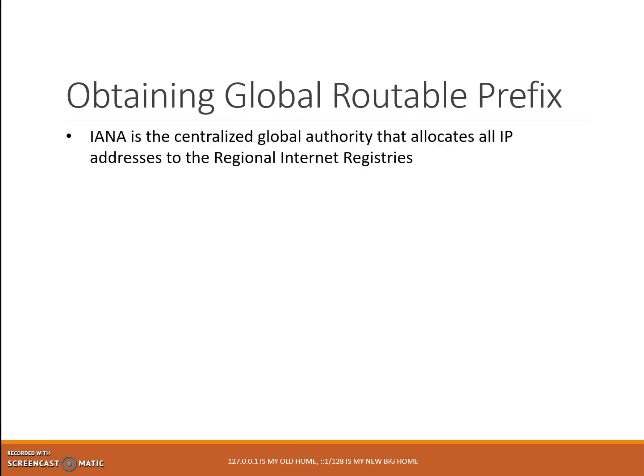Now, how do we obtain a global routable prefix? The Internet Assigned Numbers Authority, IANA, is the centralized global authority that allocates all IP addresses to the Regional Internet Registries, RIR.